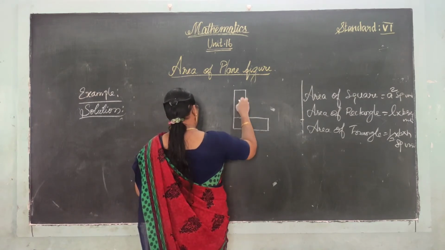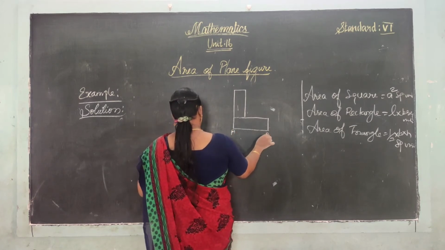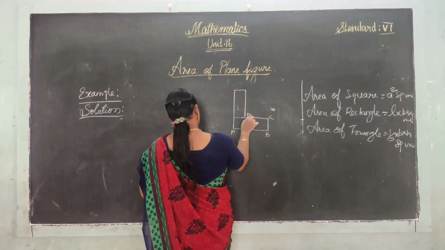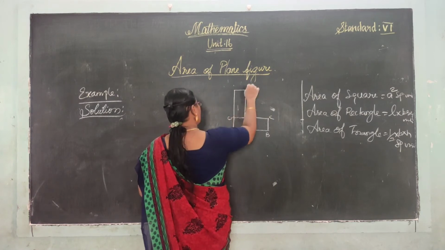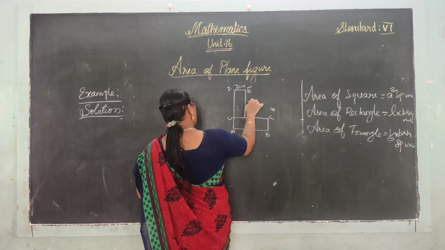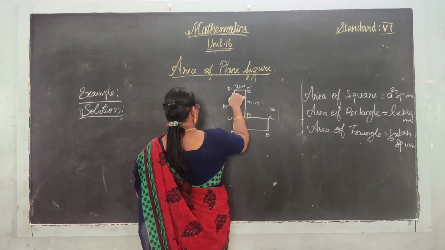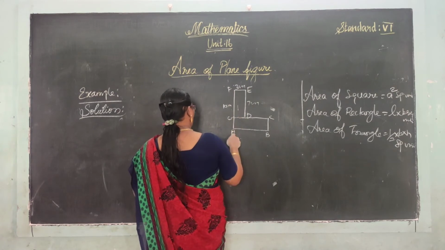Okay, so here the figure ABCDGEF, 3 centimeter, 7 centimeter, 10 centimeter. Okay, 10 centimeter not for this part only, but the whole part.